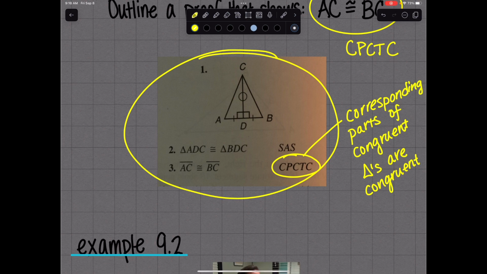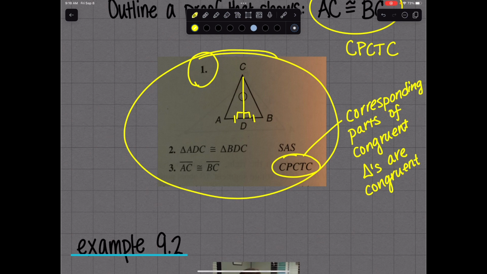This is why proofs are hard, because you can just write like a number 3 for your answer. The proof is like showing your work. You have to show your work because that's how you get it. It's like as if you're a lawyer and you're presenting a case to a jury. You can say, well, my first piece of evidence is that this side is the same, and that this angle is the same because they say it's perpendicular, and we're given that AD is the same as BD.